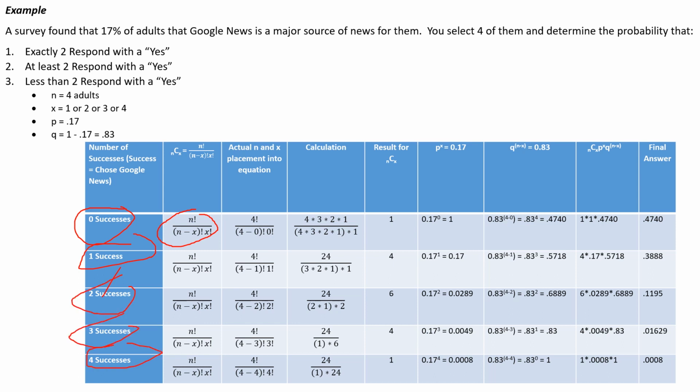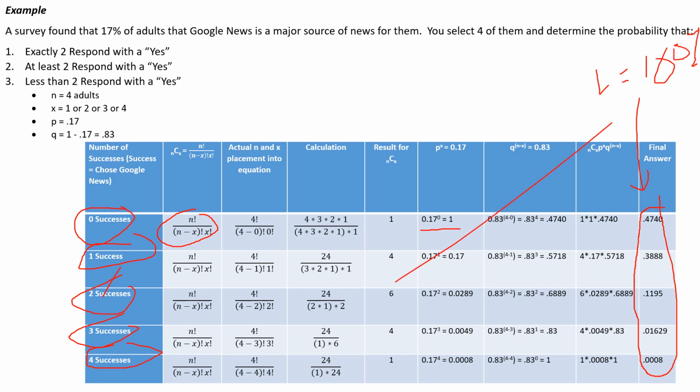And I base it on a percentage, using past history. I use my combination equation, and again, based on 70% of people liking it, these are the final answers for the likelihood of someone liking it using combinations. And these will add up to 1 or 100%. That's how we use probability with combinations and permutations in the real world.